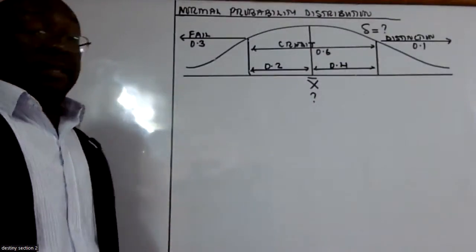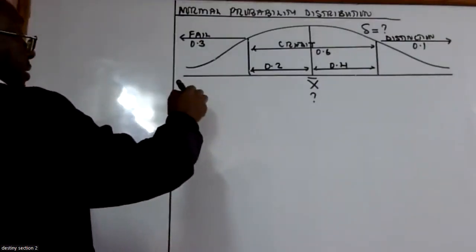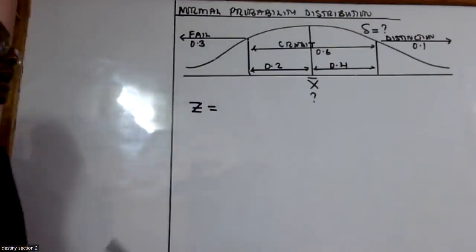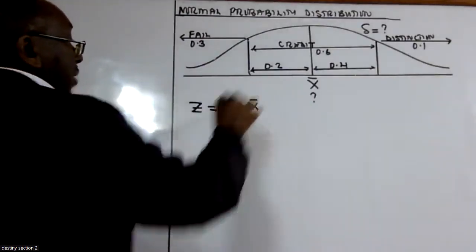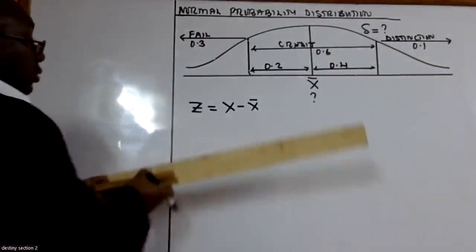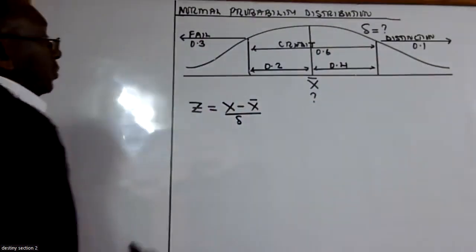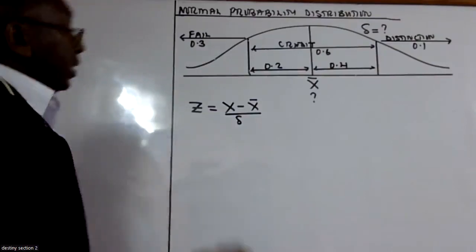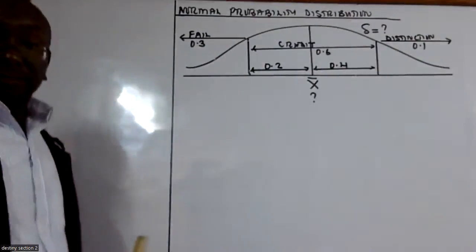So in that case, we know that Z is always given as xi or x minus x bar, you divide by standard deviation. Oh, there is something before I indicate your formula. Sorry, there is something I needed to have written so that my space is not squeezed.